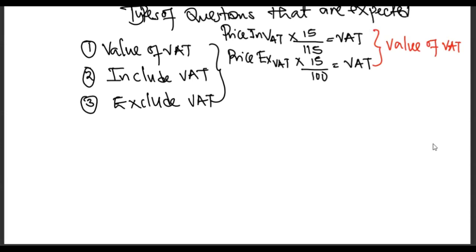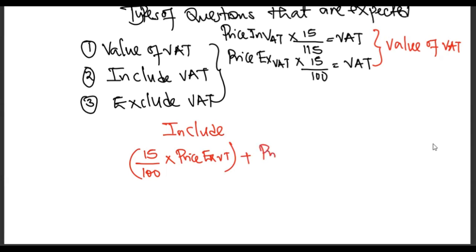All right, number two, we look at including VAT. How do we include VAT? When you're to include VAT, first of all, you may look for 15% of the price that has no VAT, which is price excluding VAT. You understand? Plus the same price, which has no VAT. So the answer you get here will be price including VAT.